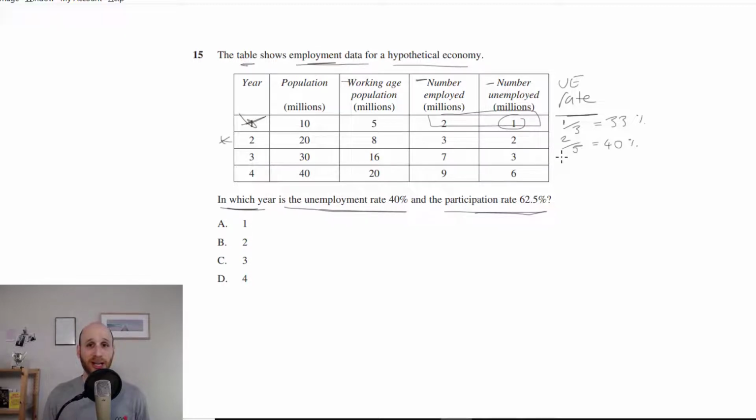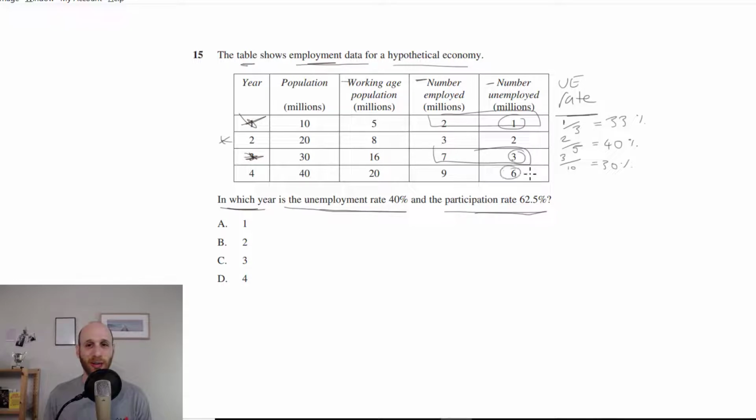Now year 3 is where we've got 3 over 10. So that equals 30%, and that is not possible. So let's see whether they're going to be a bit sneaky and make us do another set of calculations.